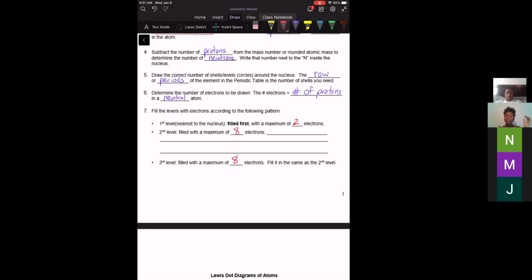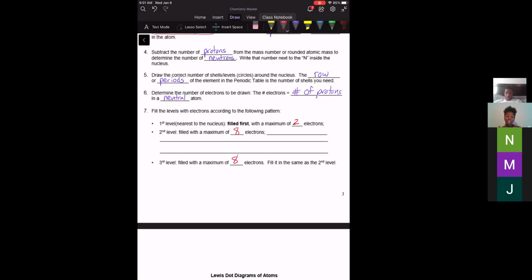Earlier Lamar told us that electrons have a negative charge. What if I have something with a negative charge, what would it be attracted to? Something with a negative charge or something with a positive charge? A positive charge, because opposites attract.